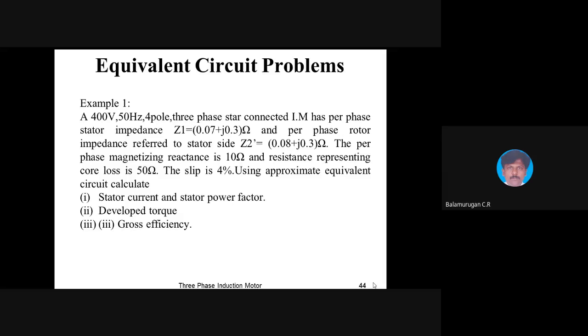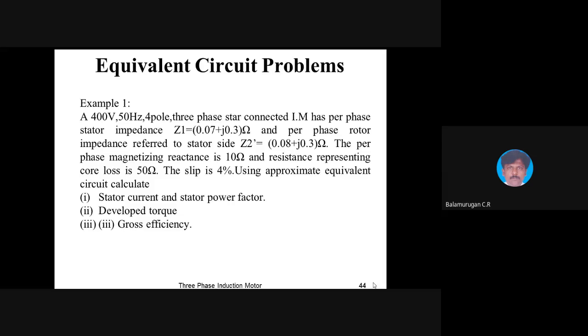The per phase magnetizing reactance is 10 ohm and the resistance representing core loss is 50 ohm. The slip is 4%. Using the approximate equivalent circuit, find the stator current, stator power factor, and developed torque, the gross torque.